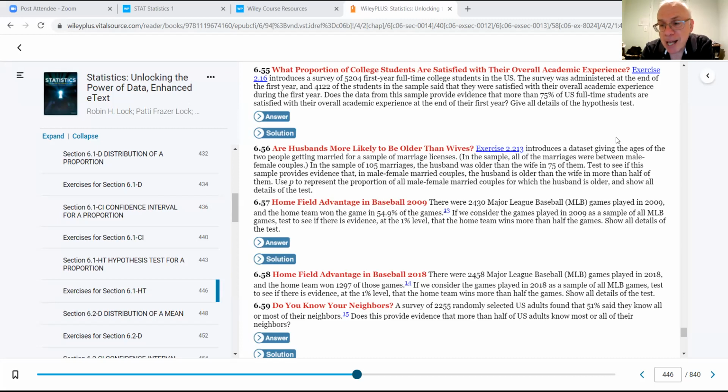So therefore, even at the 1% significance level, we would strongly reject the null hypothesis and support the alternative hypothesis that more than 75% of students are satisfied with their first year of college. All right, and that's it. So stop sharing, and that is the end of section 6.1.